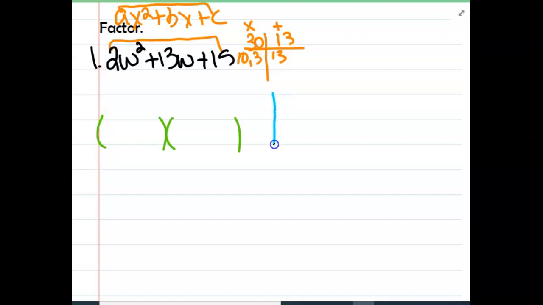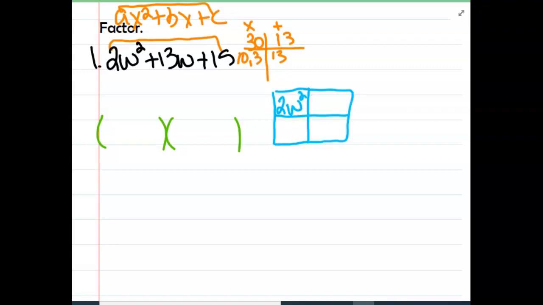Now, for the box method, that's the AC part. Now, for the box part, you're going to go ahead and draw your 2 by 2 box. But remember, when we multiplied, we started with things outside the box and we filled in the box. We're doing the opposite here. We're factoring. So we're going to fill in the box first and then figure out what goes on the outside of the box after. So this first term, that 2w squared, is going to go in the first box.